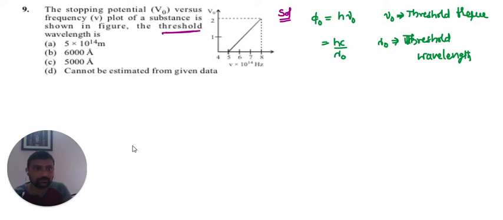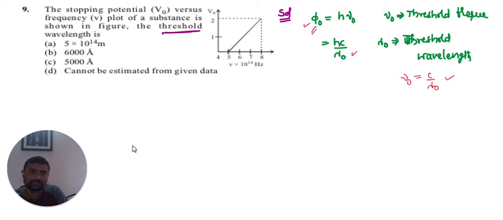Here c is the speed of light in vacuum, nu naught is the frequency, and lambda naught is the wavelength. Now come to the graph. He gave the graph between stopping potential and the frequency. From this graph, how can you find lambda naught?